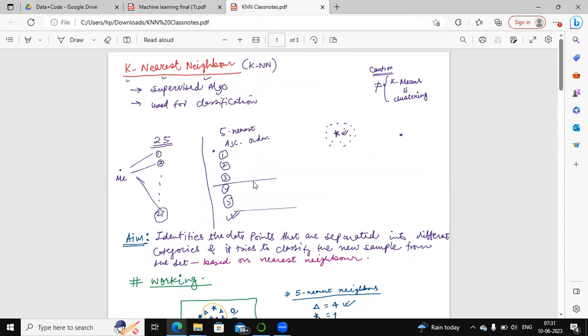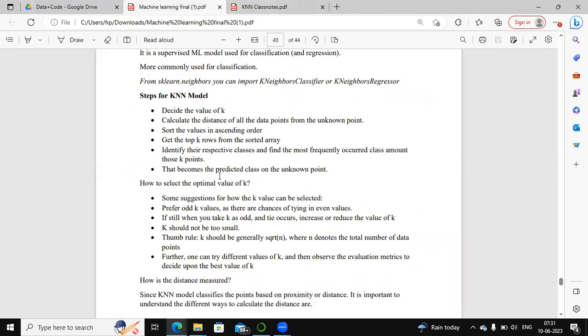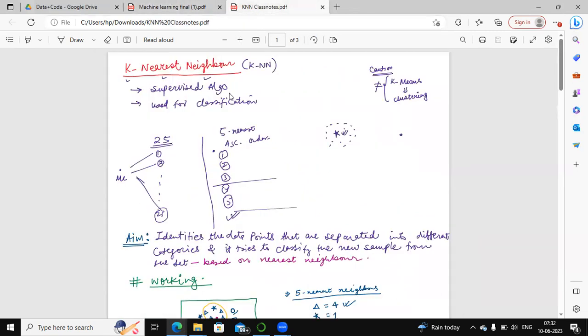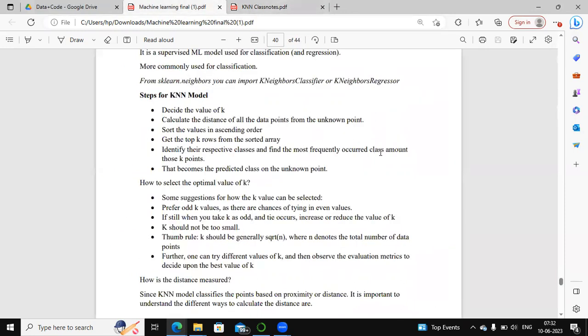Here we are taking k value as 5, so the top 5 rows we will take, and then identify their respective classes. We have considered that three belong to one class and two belong to class B. Then find the most frequently occurring class among those k points.